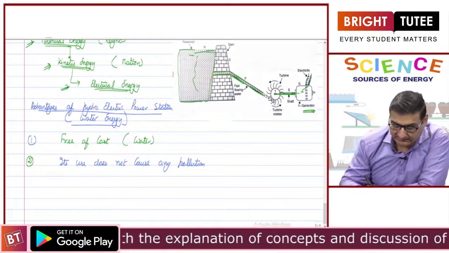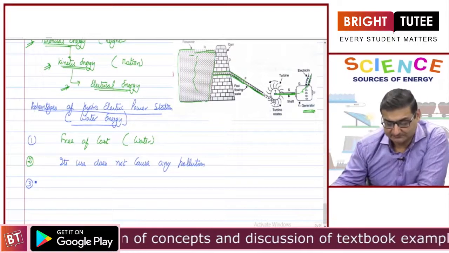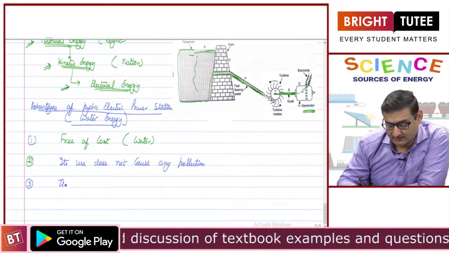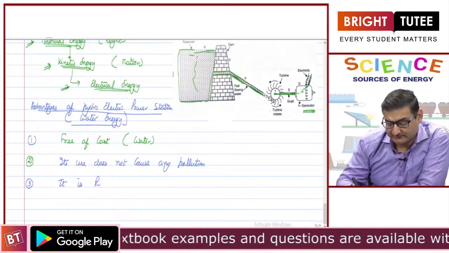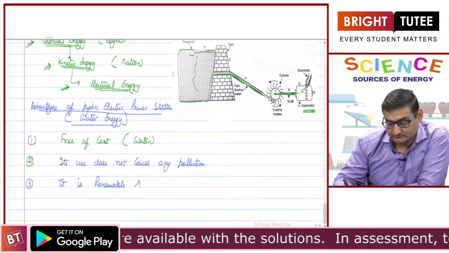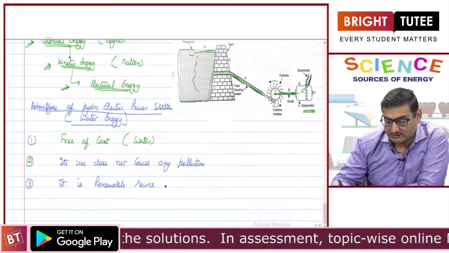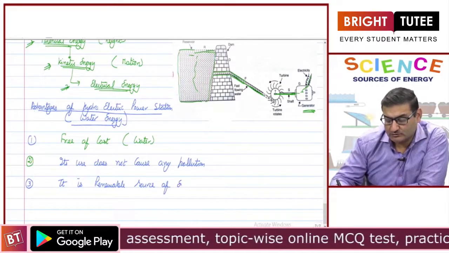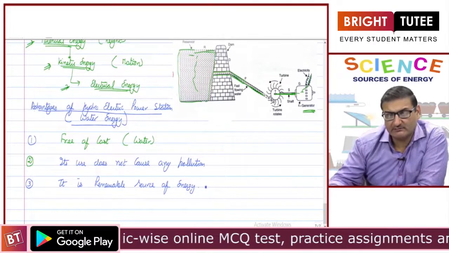The third advantage it has is it is renewable source of energy. Water is a renewable source of energy. It is not going to end up.